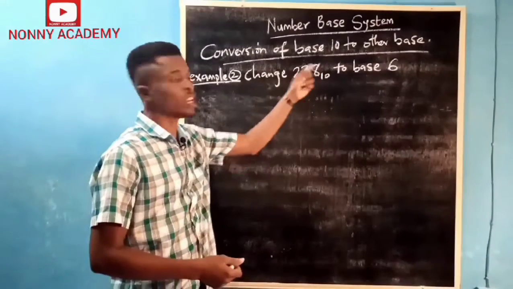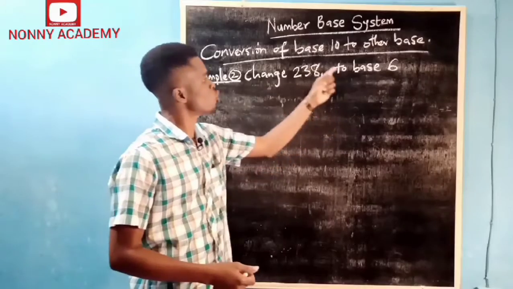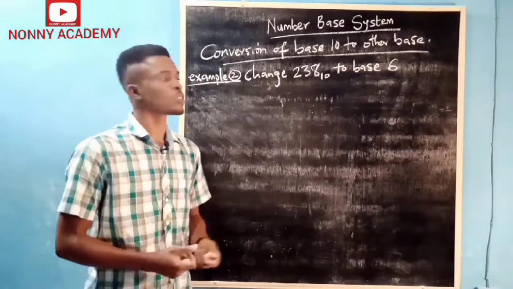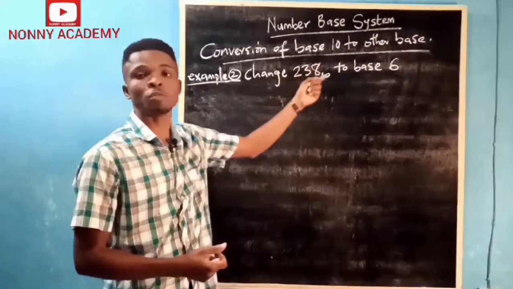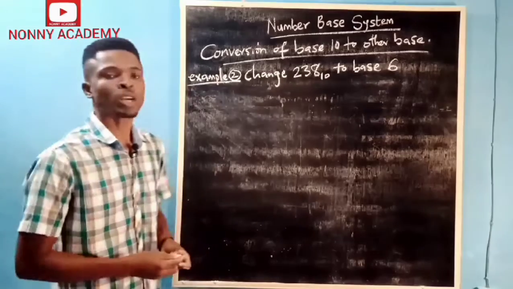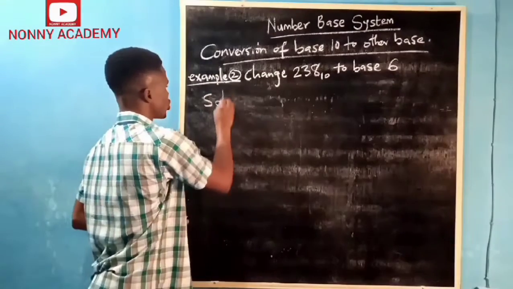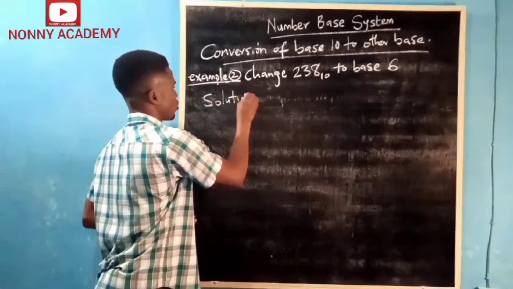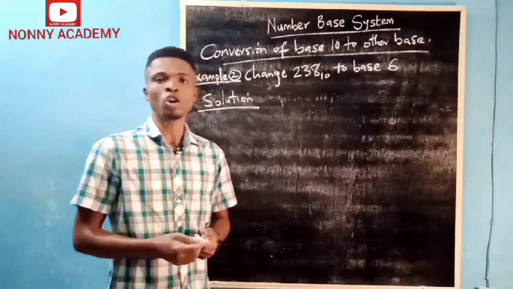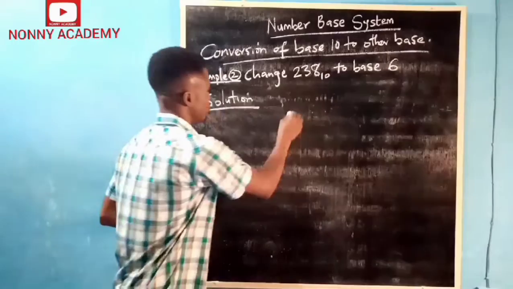Let's take a look at example 2. Change 238 base 10 to base 6. Now we are asked to convert this number, 238 base 10, into a number in base 6. Let's look at this. Solution. The first thing I need to do is to draw a long division table.